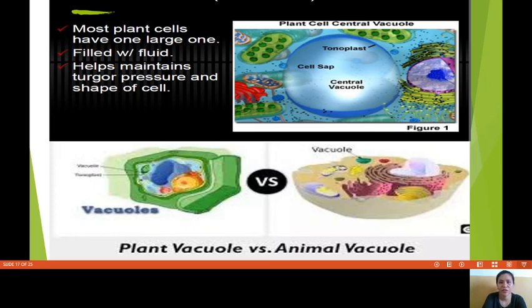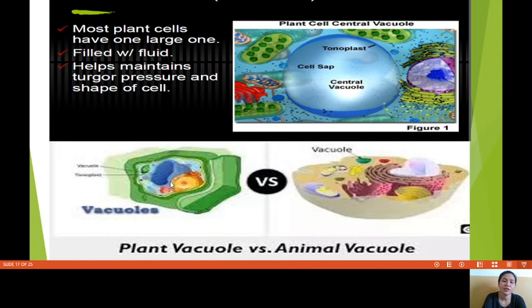Now this vacuole, look at this one. It's like a storage vacuole. Most plant cells have a large one filled with fluid, which helps maintain turgor pressure and the shape of the cell.